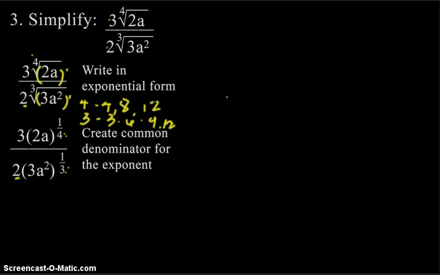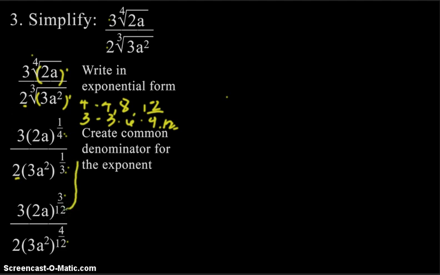Okay, so meron na tayong common 12. So yung gagamitin natin na common denominator nila. Okay, so meron tayong 12 dito at 12 din dito sa baba. I-relate lang natin lahat ito. So paano palabasin yung 3?